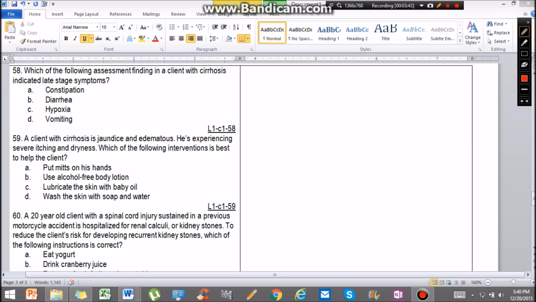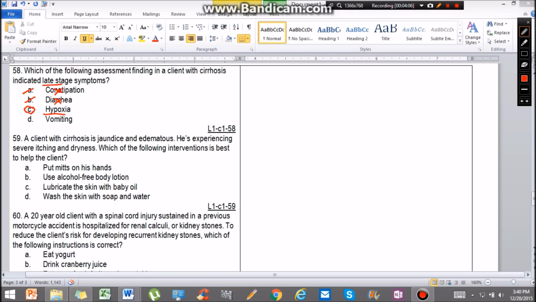Number 58. Which of the following assessment findings in a client with cirrhosis indicates a late stage symptom? Constipation and diarrhea, hypoxia, or vomiting. Eliminate these two because these are not signs and symptoms of cirrhosis. Between C and D, the answer would be letter C, hypoxia.